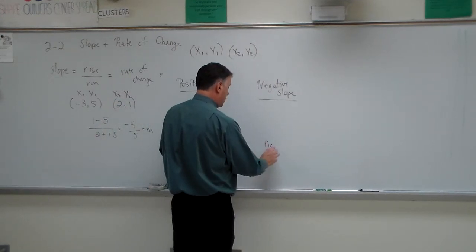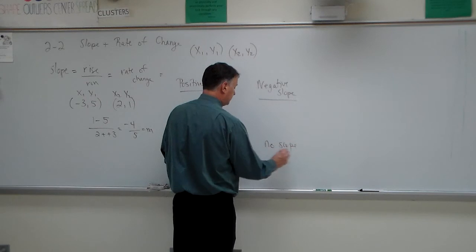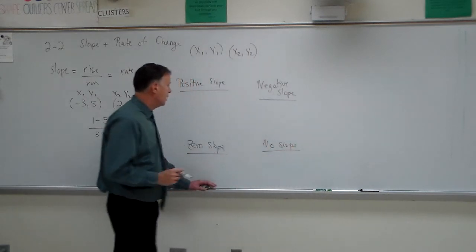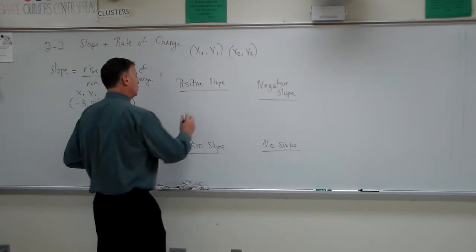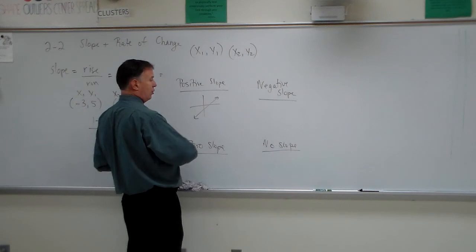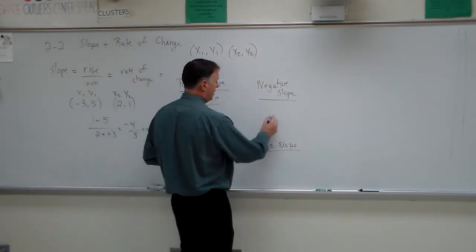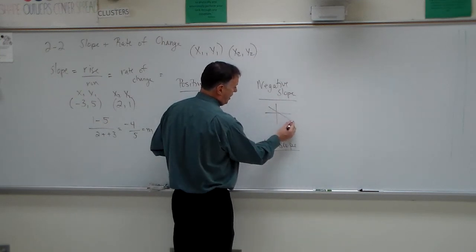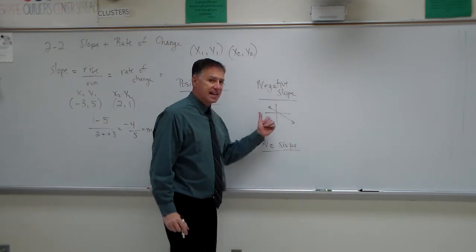Or we can have no slope. If you have a positive slope, as you look at it from left to right, your line increases. Negative slope, as you look at it from left to right, the points fall, or they decrease.